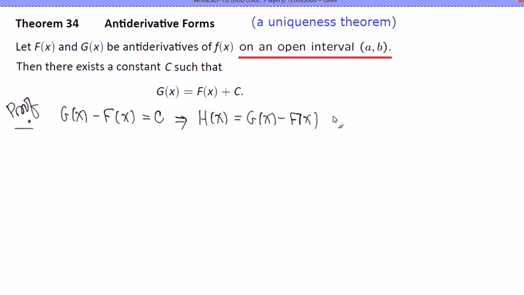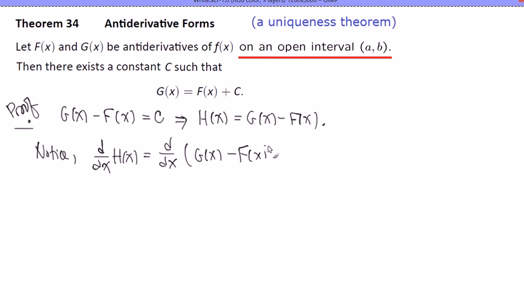So we have that, and now we want to show that h of x is a constant function, right? Notice that the derivative of h of x is the derivative of g of x minus f of x, right?